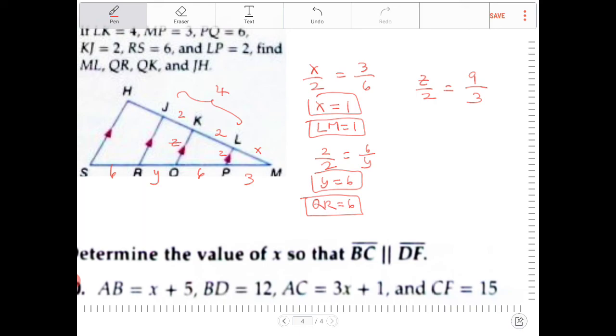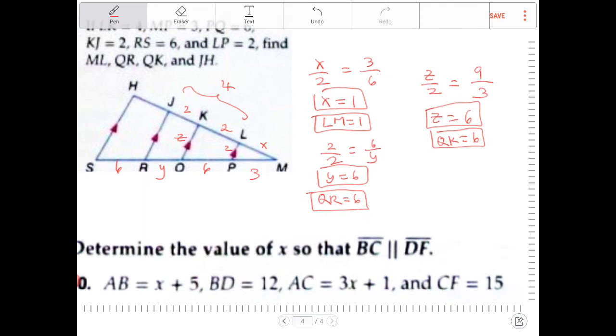Why 9? Because I'm comparing QK, which is the base of the larger triangle, to the length of the larger triangle, which is 9 to 3. So Z, therefore, will equal 6. So therefore QK is 6.